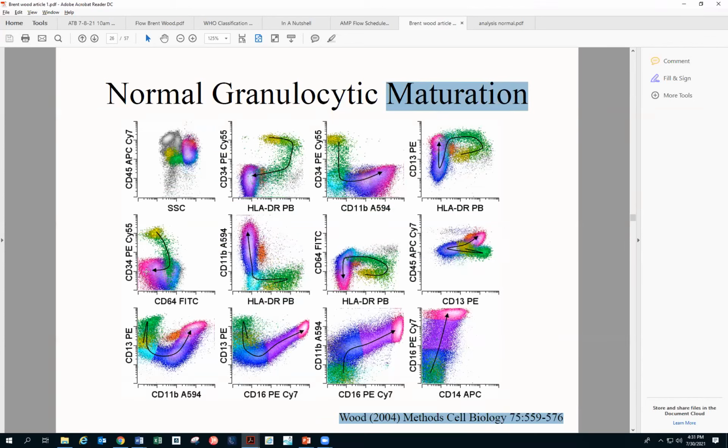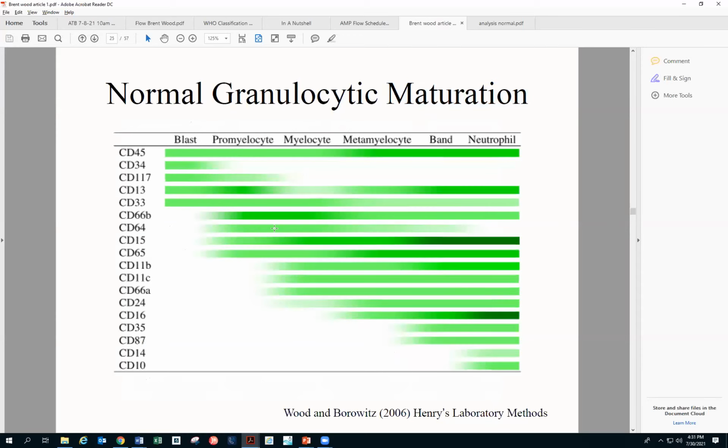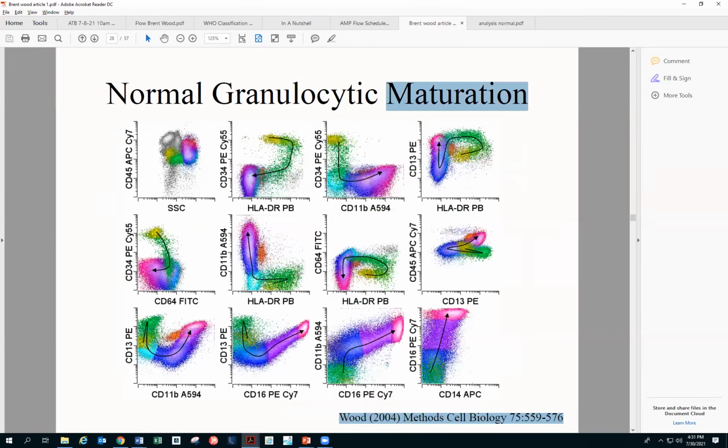So CD64 goes into the promyelocyte and then it dips, right? So that makes it clear. Understanding the myeloid maturation is important to know normal versus abnormal.